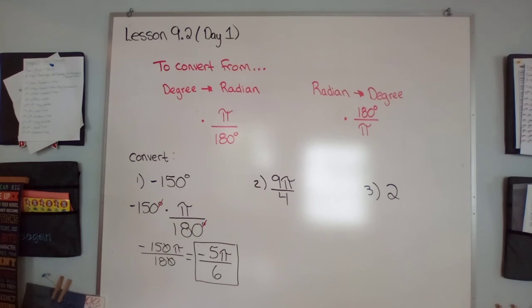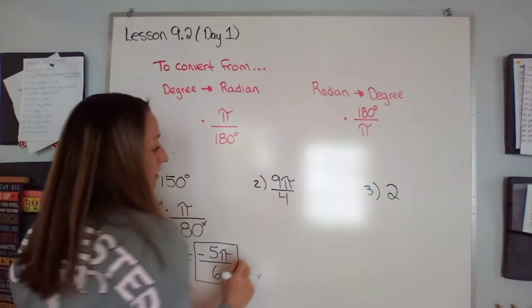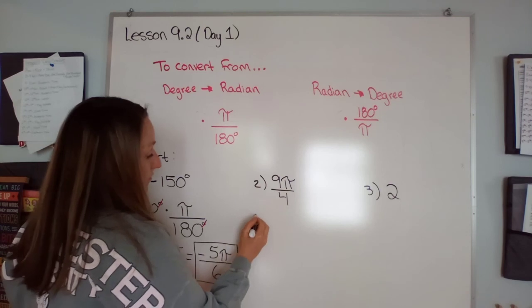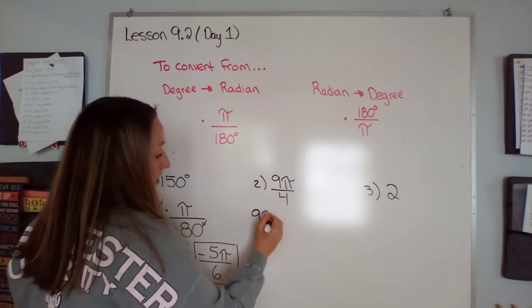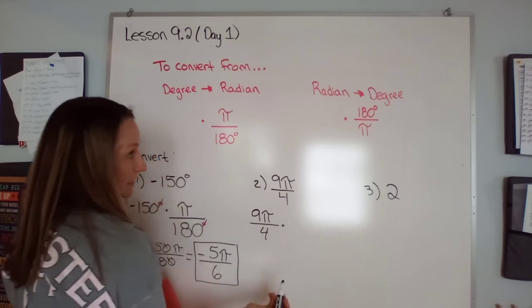Okay, the next one. This is in radians, and I know it's in radians, hint, hint, because there's a pi symbol, but also because there's no degree symbol. So if I want to go from radians to degrees, I'm going to multiply by 180 over pi. And again, the trick is if I want to get out of radians, I want the pi's to cancel.